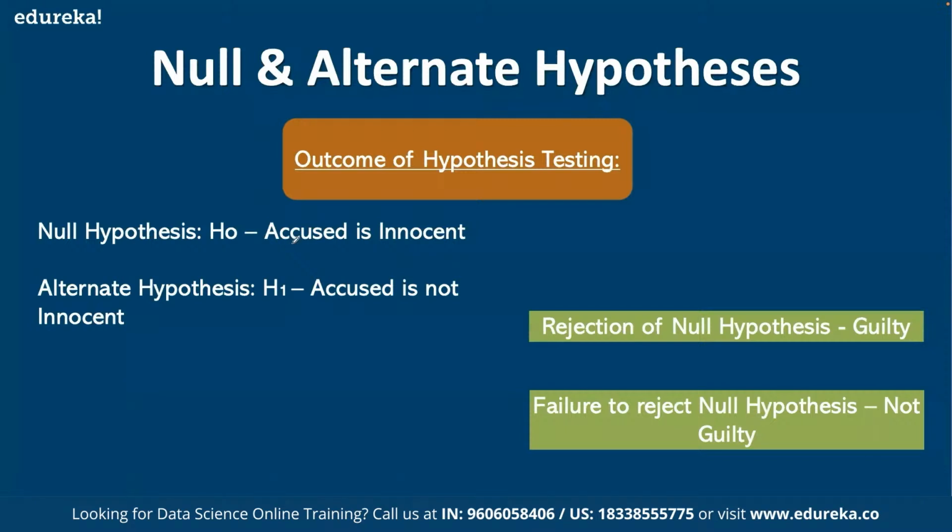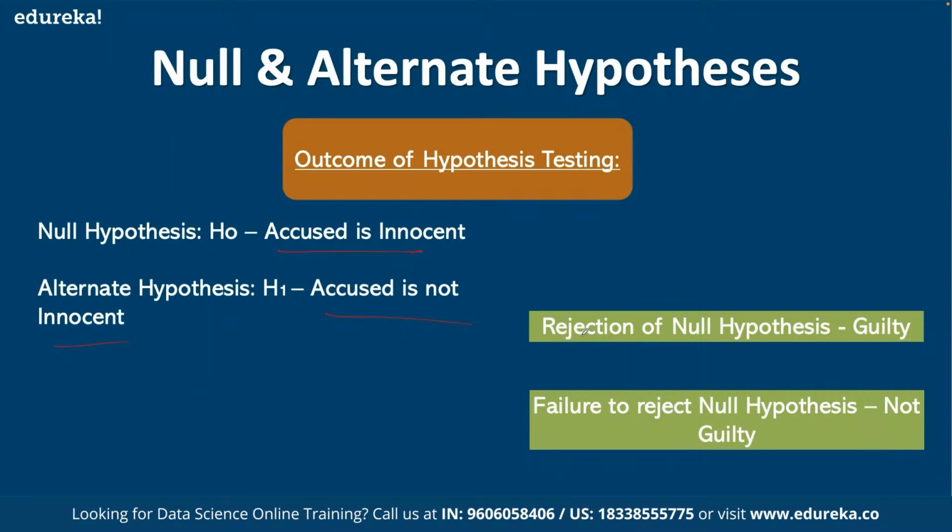Maybe the current null hypothesis is that the accused is innocent. If the data follows otherwise, it will follow the alternate hypothesis, which says that the accused is not innocent. In this way, we are going to specify the same.